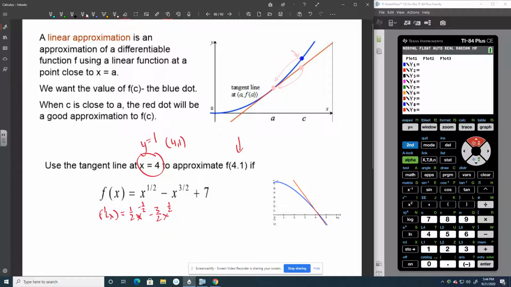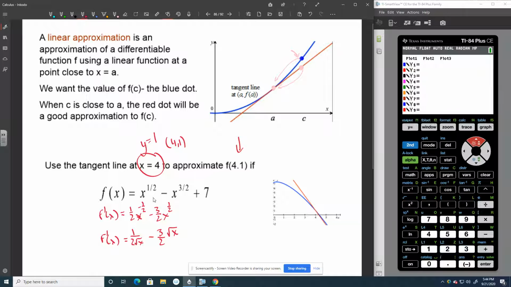The derivative of 7 is nothing. So there shouldn't be anything there. And if I wanted to rewrite this, f prime of x equals 1 over 2 root x, minus 3/2 x to the 1/2, which is just 3/2 times the root of x.